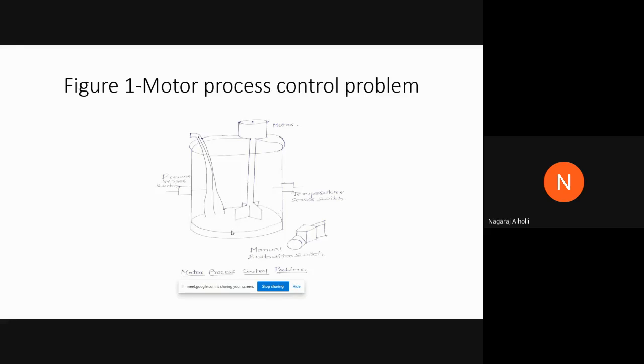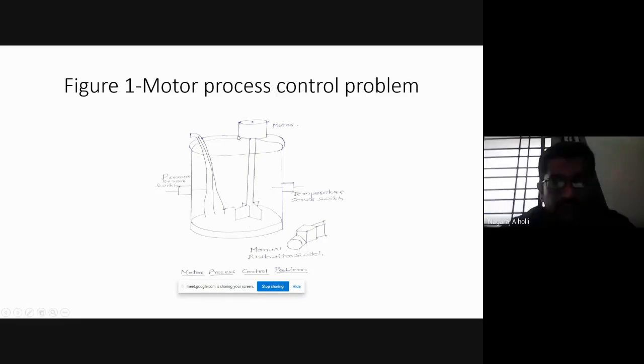If we want to rotate the liquid, there is also a manual push button. If you operate this push button, the motor also turns on and stirs the liquid. This is how we are monitoring this process. This is a simple motor process control problem.